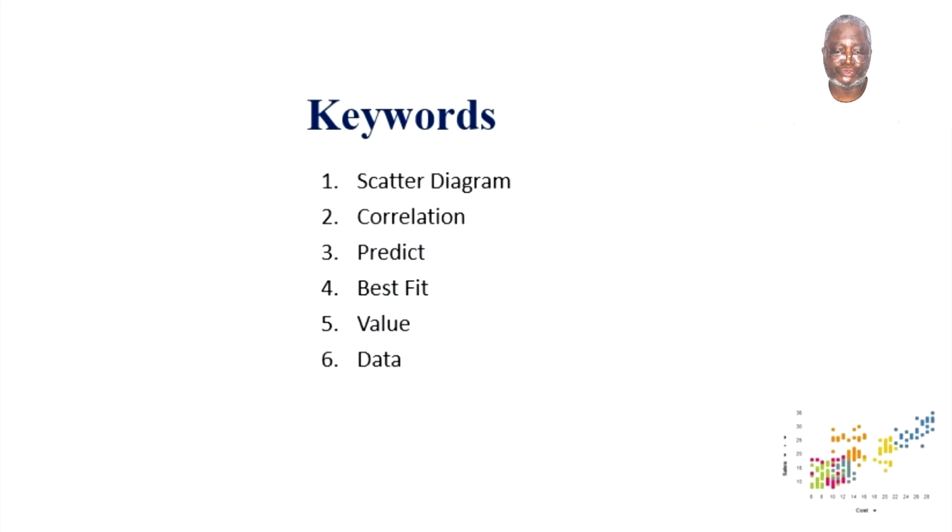The keywords you will come across and need to be very clear about are scatter diagrams, correlation, predict, best fit, value, and data. All of those words are related, and by the end of the lesson you will be confident about how to use them and what they mean.